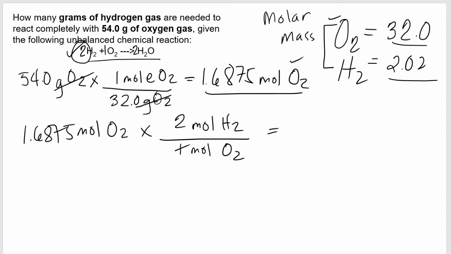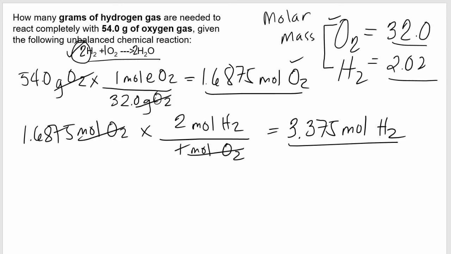So we cancel this one, rather the entire mole O2. So 1.6875 times 2 is equal to 3.375 mole of H2. So we now have mole of H2. So we want grams of H2.